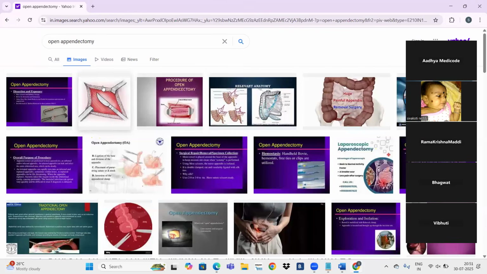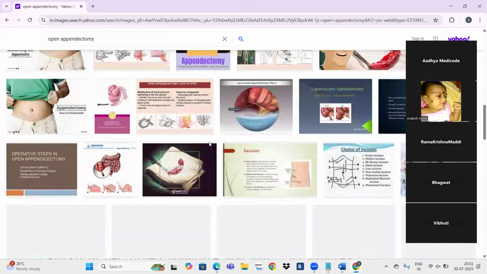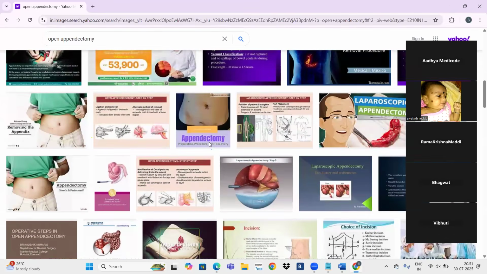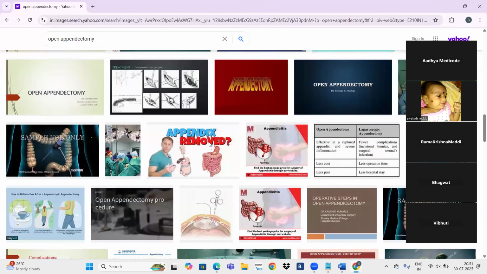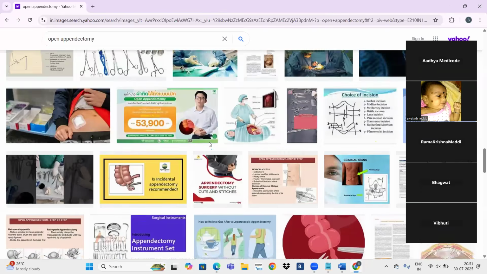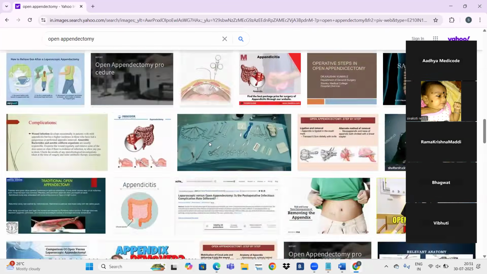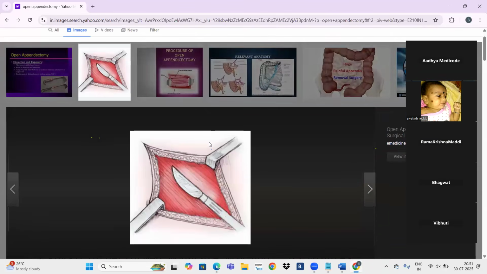Open means they will cut the skin, and they will complete the procedure. Directly they will cut and complete the procedure. After completing the procedure, they will stitch the area. Open. They will open the skin or other mucous membranes.